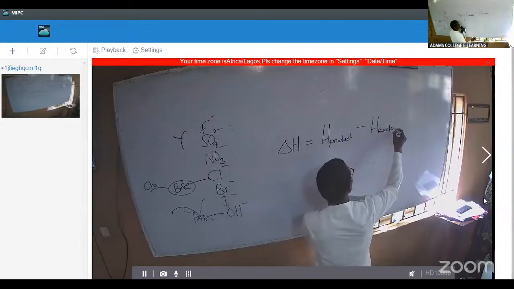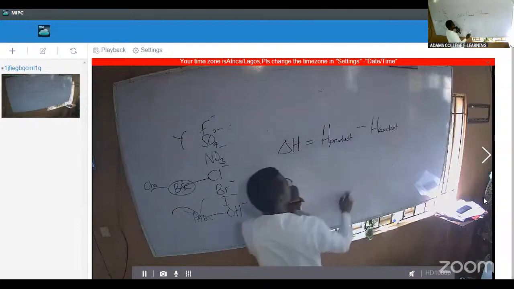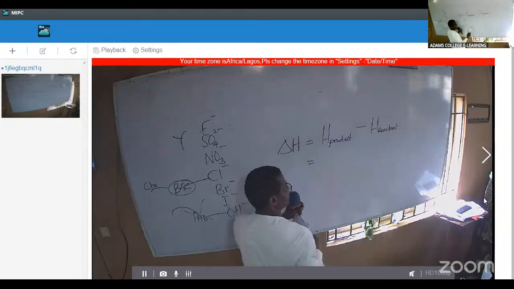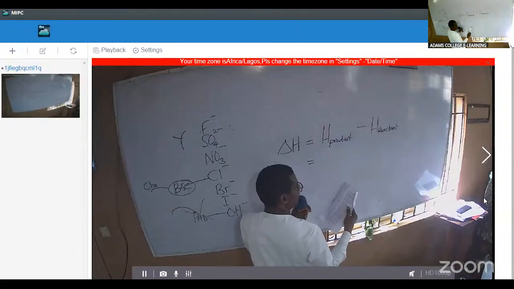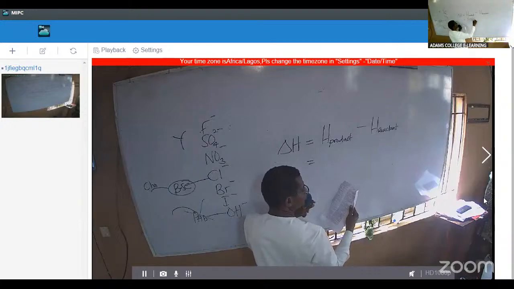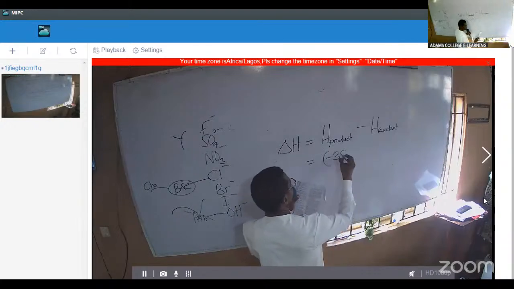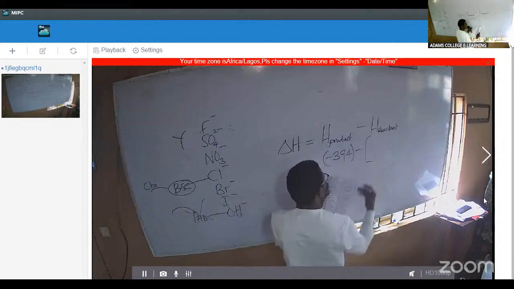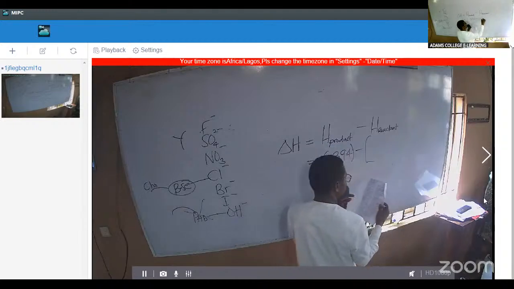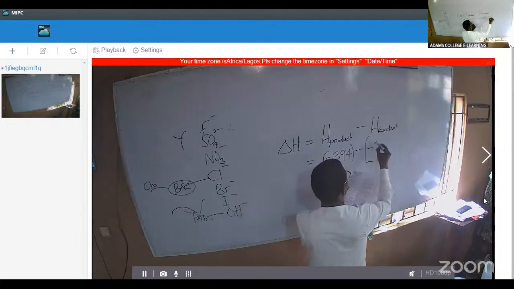H for products minus H for reactants. There's tension everywhere, nervousness. For the products, how many do we have? CO2, abi. What's the value for CO2? Then for the reactants, what's the value? Minus 242 and minus 110, abi.